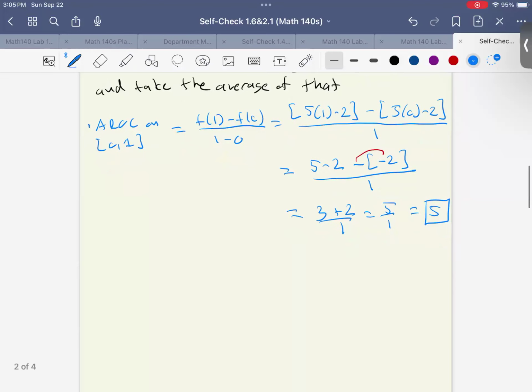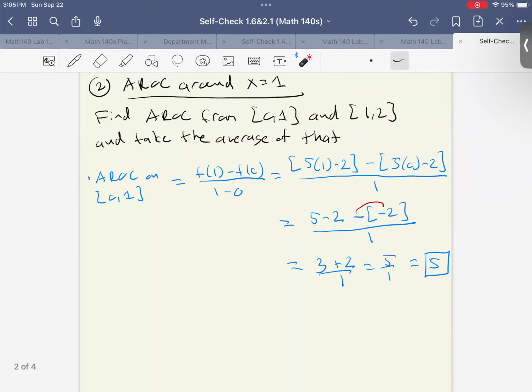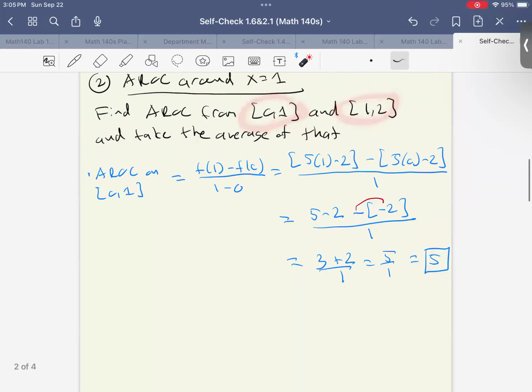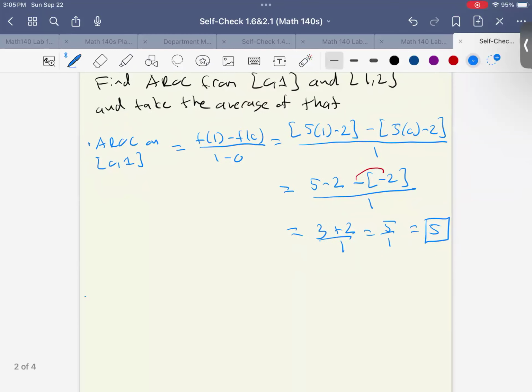Now we want to find the second one. Remember, we're just getting them around x equals 1. So one below it and one above it. All right, so let's check that out. So average rate of change on 1 to 2. So this becomes f of 2 minus f of 1 all over 2 minus 1.